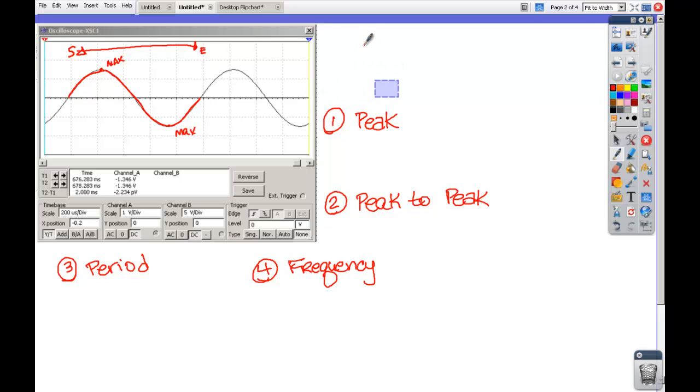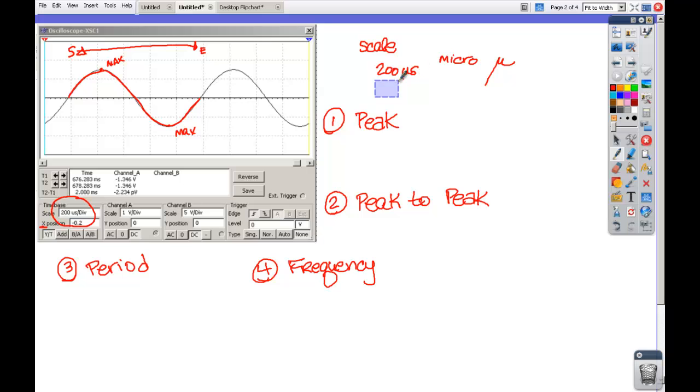So I've marked the graph. Now I need to know my scale. And again, that information is here. So in the x direction, it's going to be 200, and it's u seconds, not US, so that is going to be micro. Remember, the official letter for micro is the Greek letter mu, but that's very hard to type.